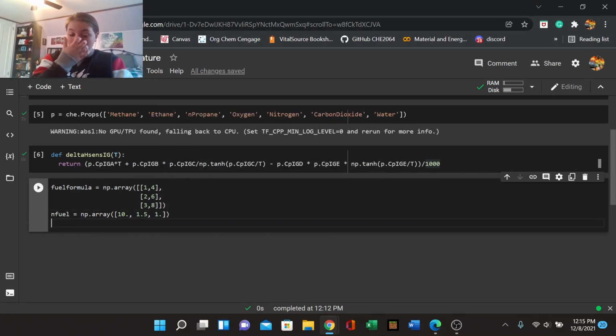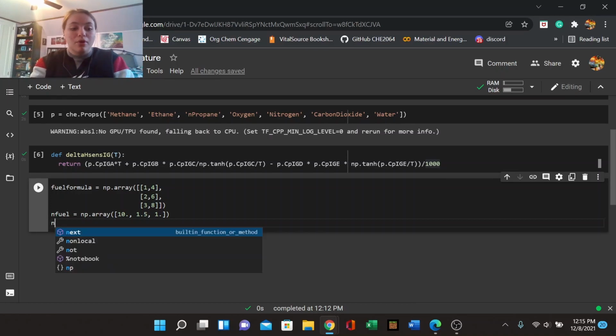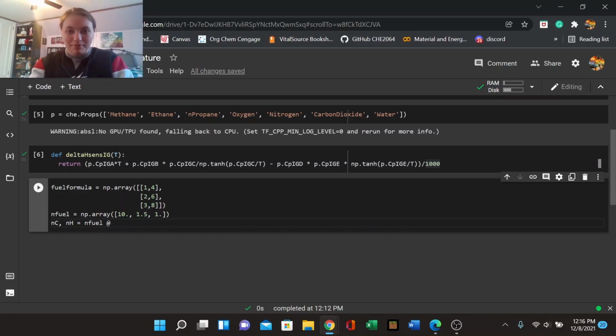And then with this, we are going to solve what each of the moles of our units are. So our moles of carbons and our moles of hydrogens are going to be equal to our N fuel multiplied, and since we're multiplying matrices, that's going to be the at symbol, by our fuel formula.